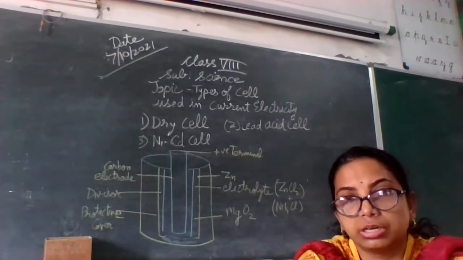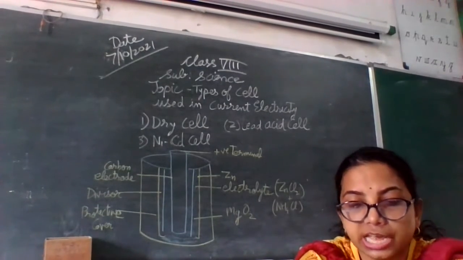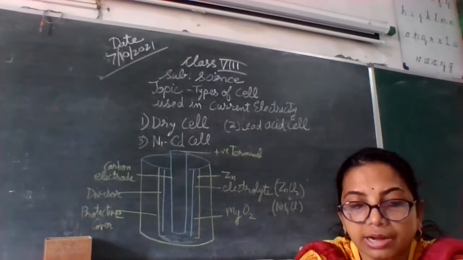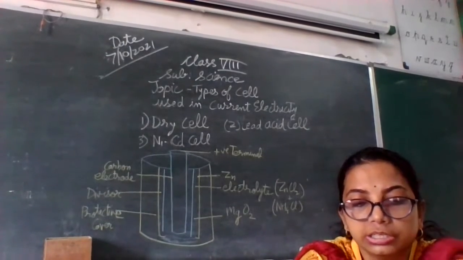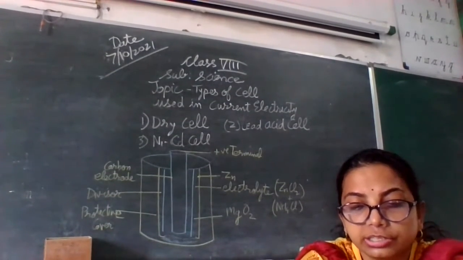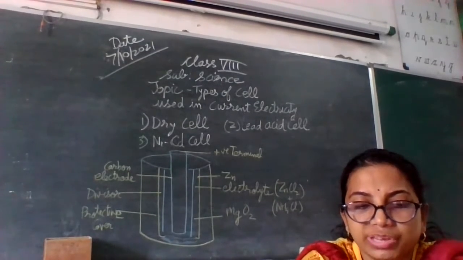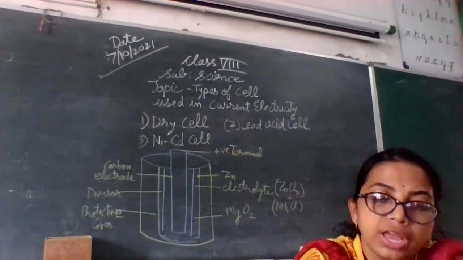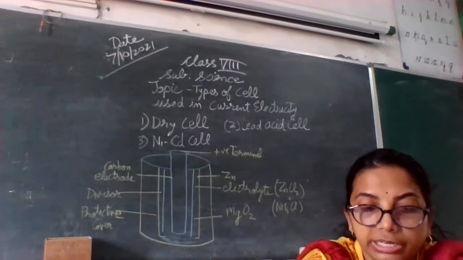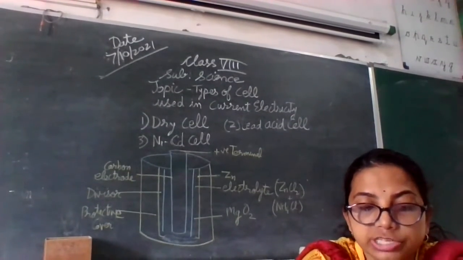Our next type of cell is the lead acid cell. You can understand how it is designed, this type of cell can be recharged also after it is electrically discharged. So rechargeable cells you all must have seen.